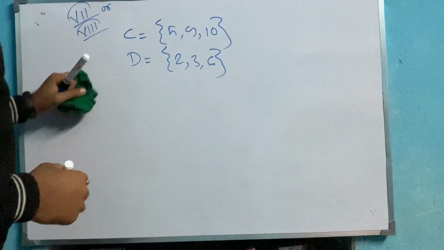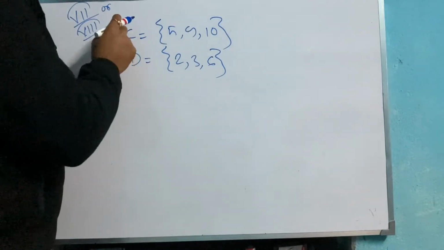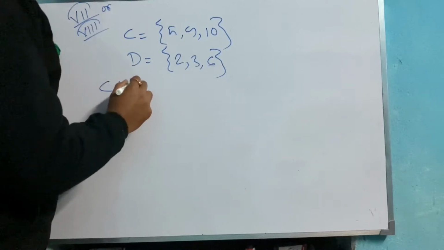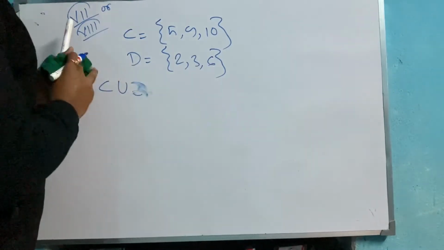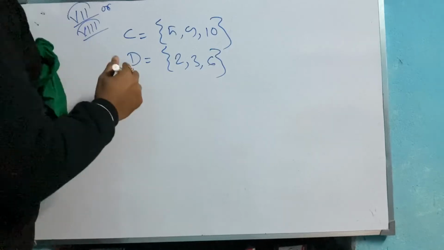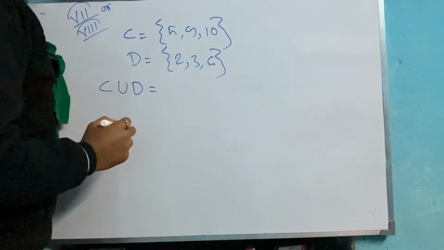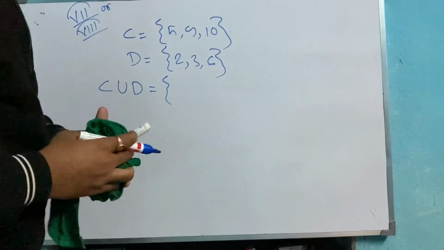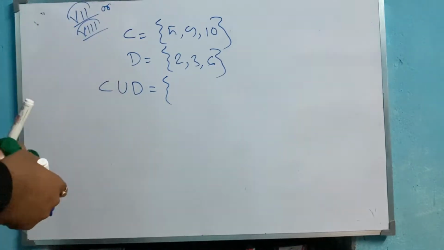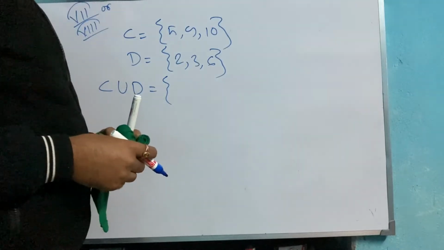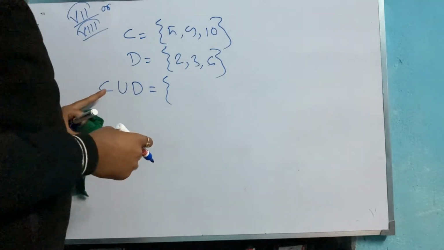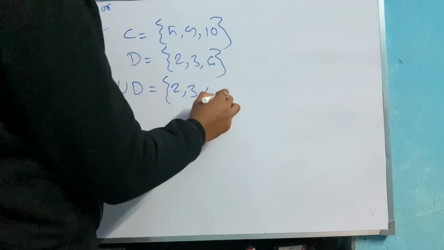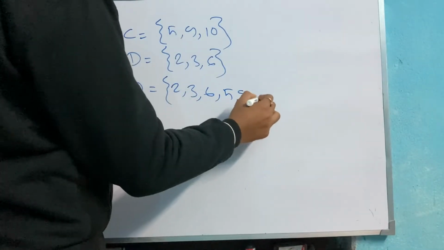Now, what will be the union of these two sets, C union D? Please try to solve it on your paper. If you have solved it, then C union D means 2, 3, 6, 5, 9, 10.